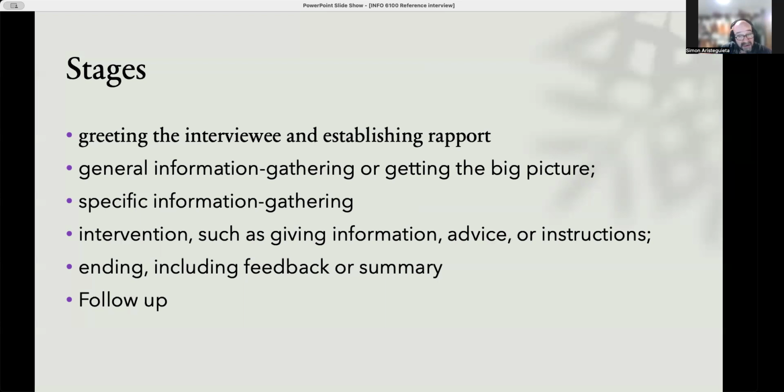So there are limitations, as we said, from the user or patron point of view, but also we as reference librarians may have limitations. In terms of greeting the interviewee and establishing rapport, we have to be approachable, okay? We have to make the patron feel at home, comfortable talking to us.